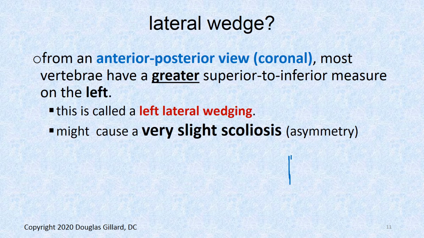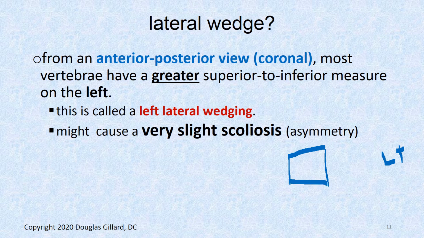there's a left lateral wedging, because there's a greater superior to inferior measure on the left. So this would be the left if we're looking head-on at the vertebrae. That's the left over here. I'll exaggerate it.